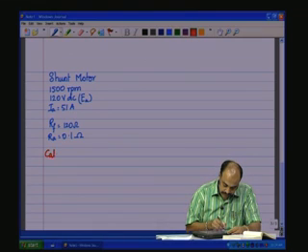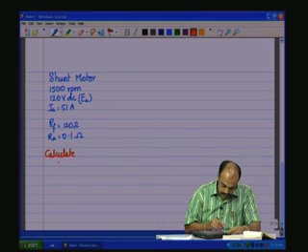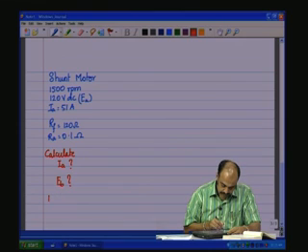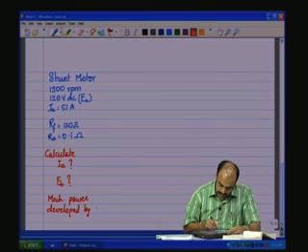let us calculate IA, let us calculate the EB, and let us calculate the mechanical power developed by the motor.